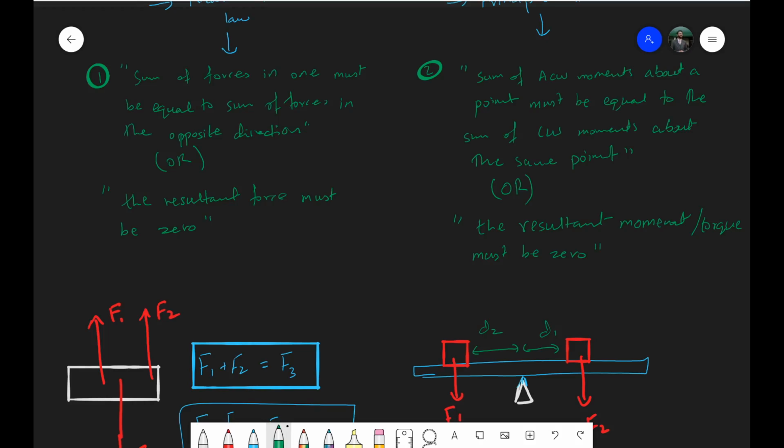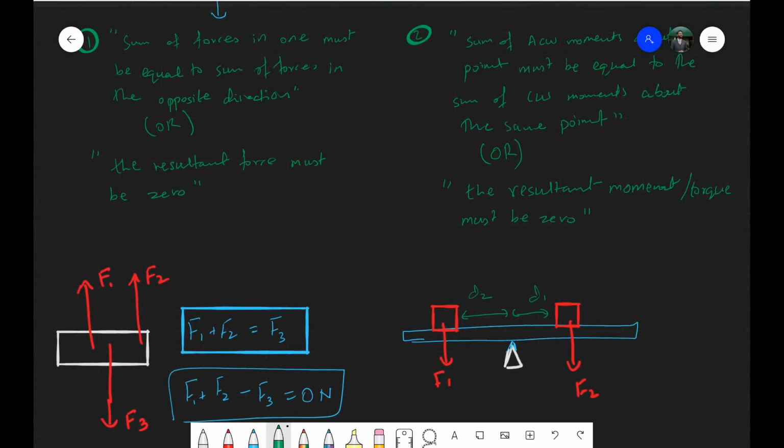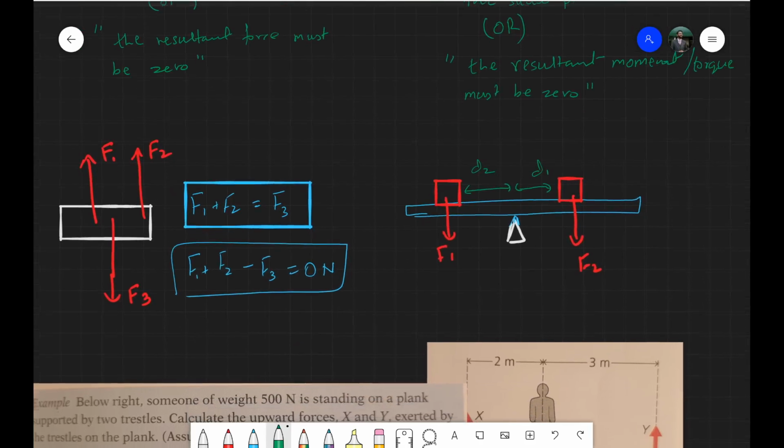But this statement and the statement above are exactly the same thing, and what they're saying is that if you sum up all the clockwise moments and all the anti-clockwise moments, and you take anti-clockwise as positive and the clockwise moments as negative, and then you add them together, obviously what you're going to get is 0. So that is what the second condition is saying.